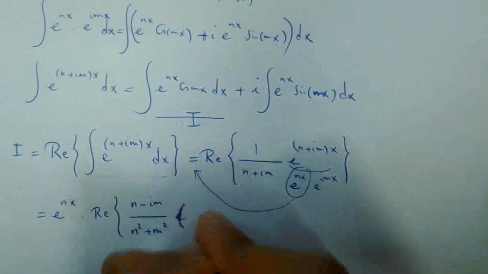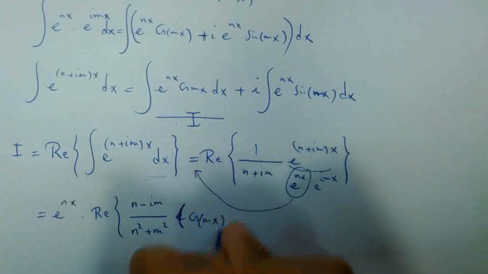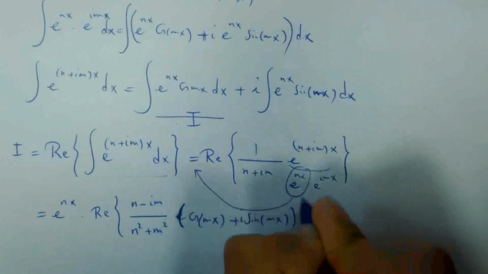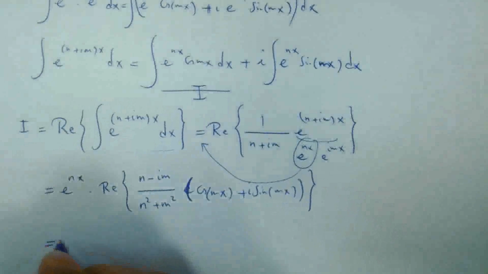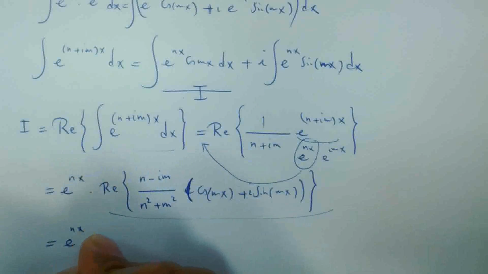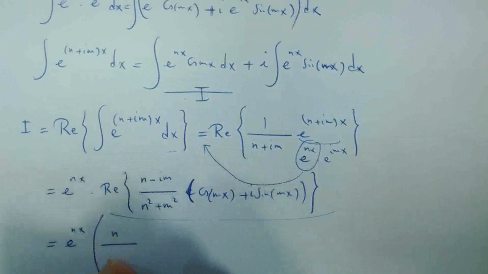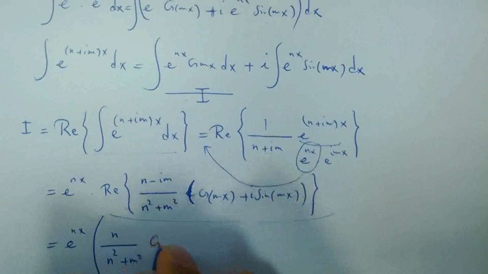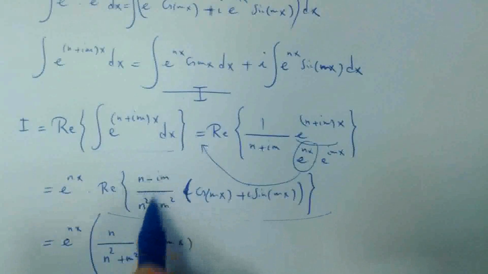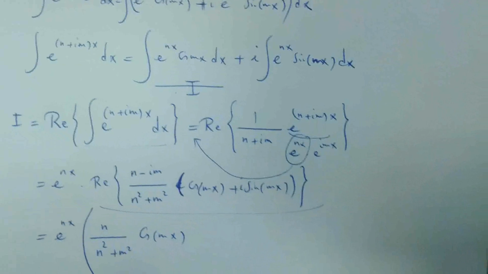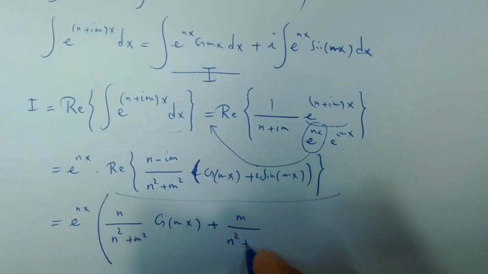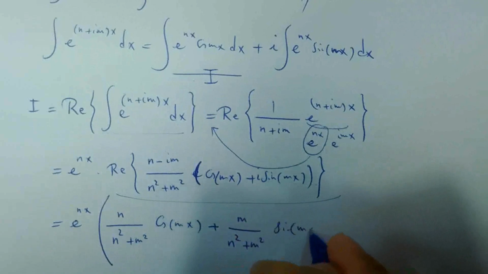I write it as cosine of mx plus i sine of mx. So the real part of this term can be written simply as n over (n squared plus m squared) cosine of mx, and the second term is the multiplication of this times i sine of mx, which is simply plus m over (n squared plus m squared) sine mx.